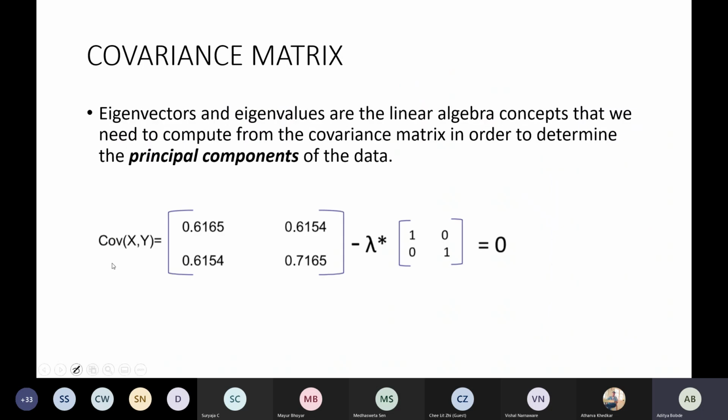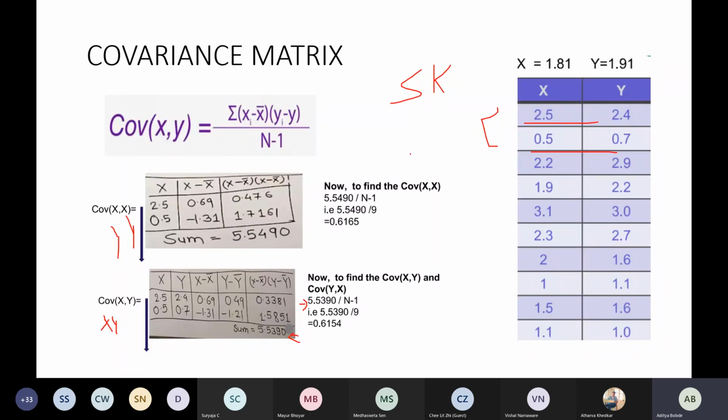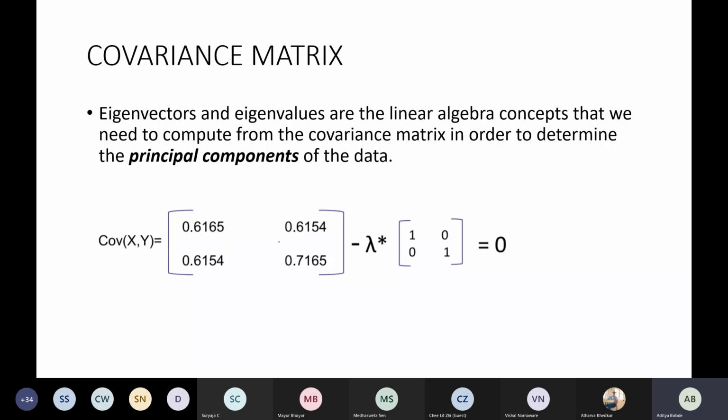Once I have done it for my xx, this will be my matrix for two variables, and here will be xy, here will be yx, and again here will be yy. So I have substituted my values here. I have told you to study about eigenvalues and eigenvectors. How do you find them?